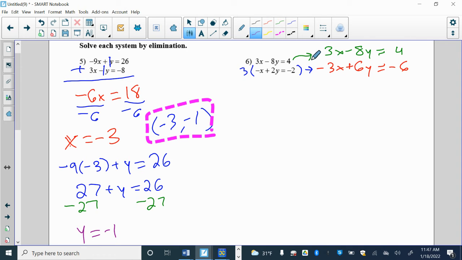Now we have the opposite coefficients where we can add straight down. Add straight down. 3x and negative 3x cancel. Right, these will cancel out. Negative 8y plus 6y, negative 2y, equals 4 plus negative 6, negative 2.